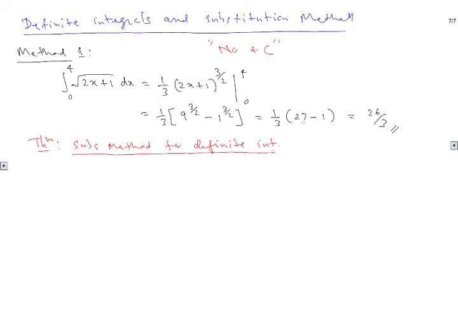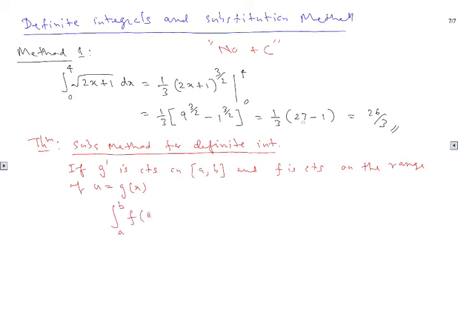So let's say, what's going to happen if g prime is continuous on [a, b] and f is continuous on the range of u equals g(x)? So what's going to happen when you have the integral from a to b of f(g(x)), the inside function, times its derivative g'(x) dx?